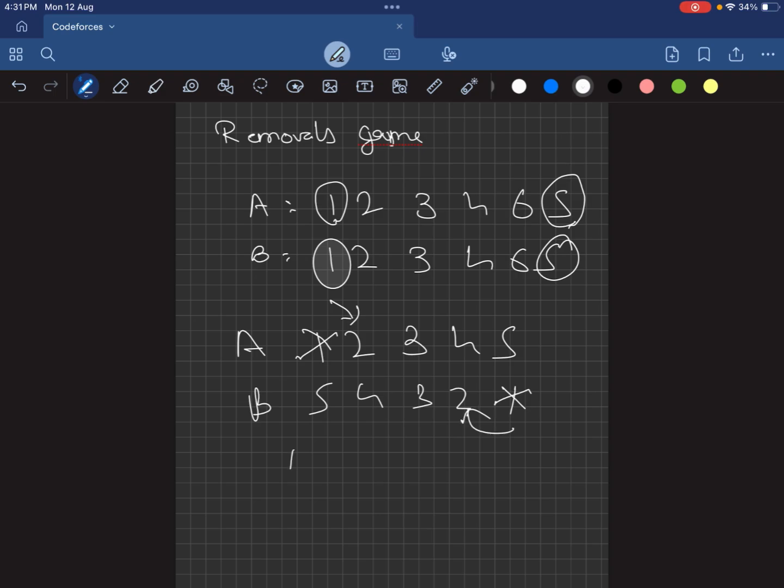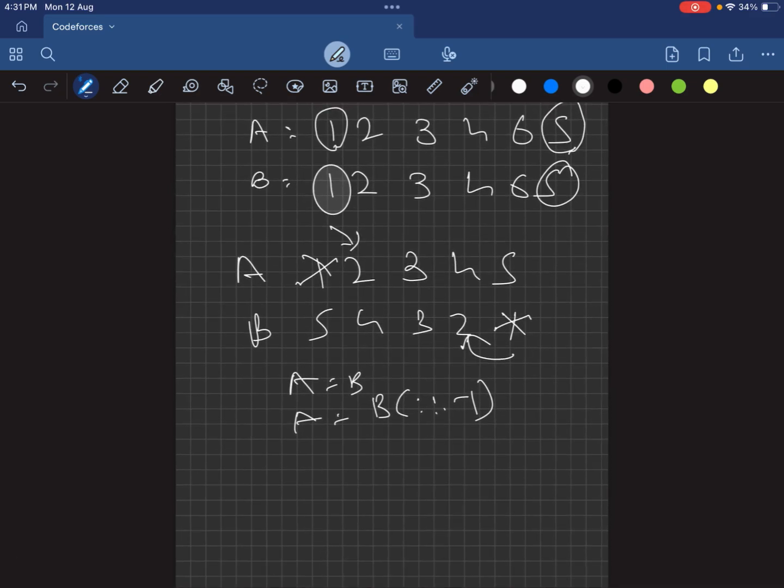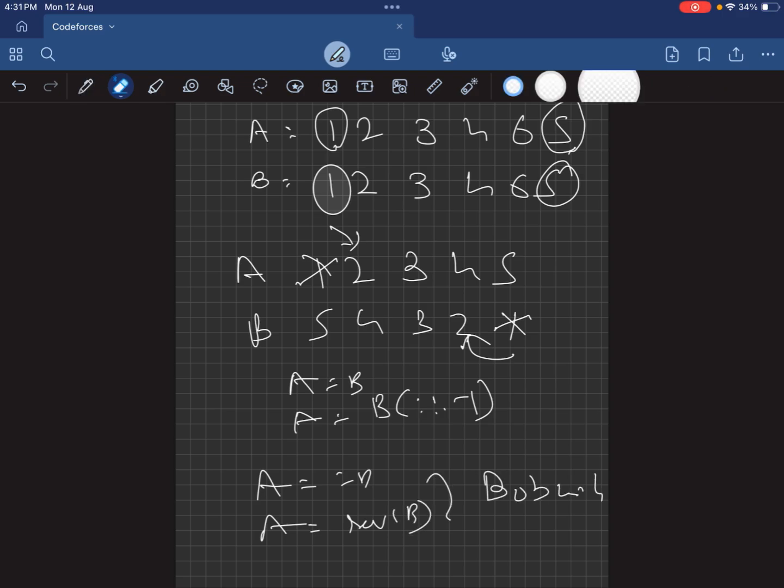This is only possible when A equals B, or A is equal to the reverse of B. So all you need to check in this question is whether A is equal to B or A is equal to the reverse of B. If these are the cases, then Bob will win, else Alice will win.